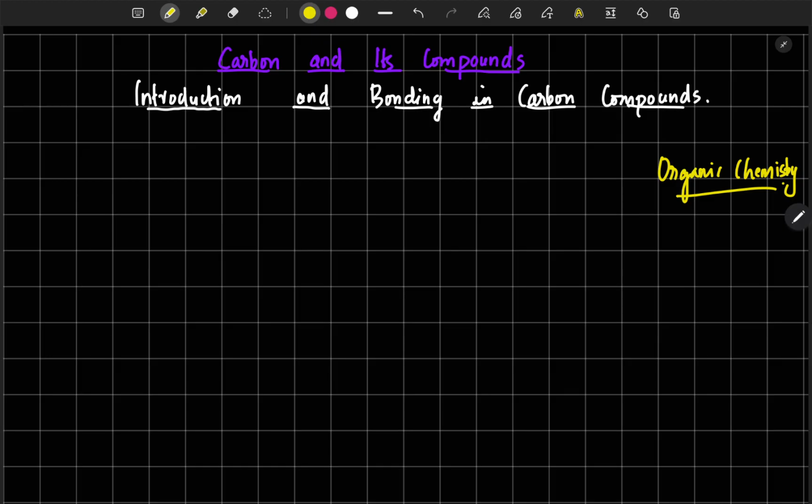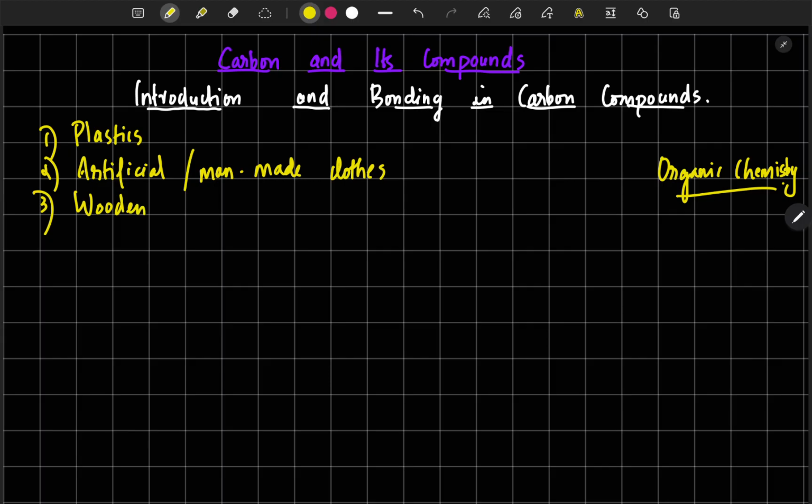Now look at some of the examples, some of the things that you see around. For example, I am randomly writing some things like plastics, artificial or man-made clothes, wooden things, and the list can continue.